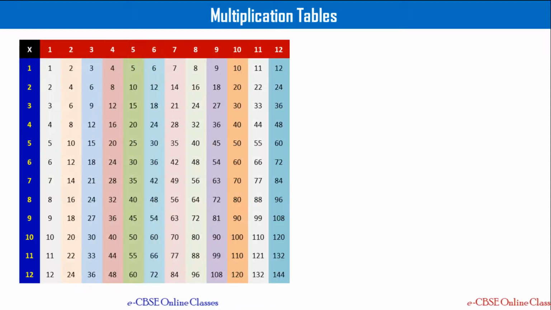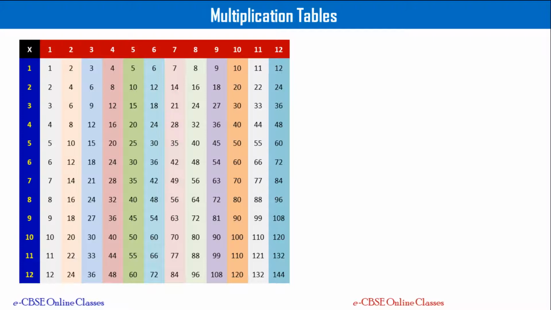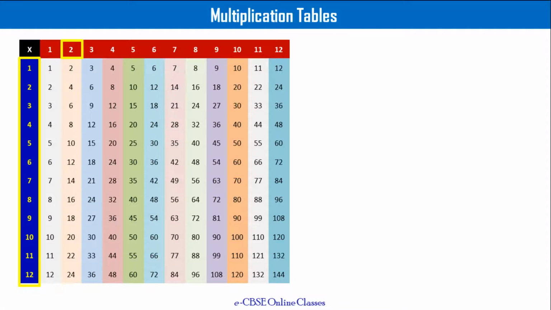Let's quickly take a look at multiplication tables chart. This is a multiplication tables chart you can obtain by putting up to tables 12 in one place. In this table, I'm marking number 2 in the first row or the top row. I'm marking the first column here.